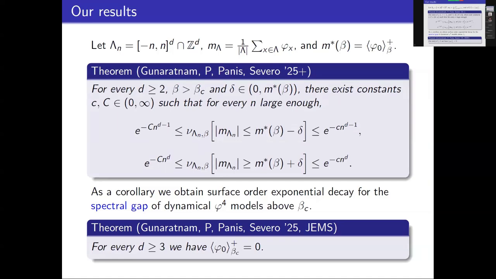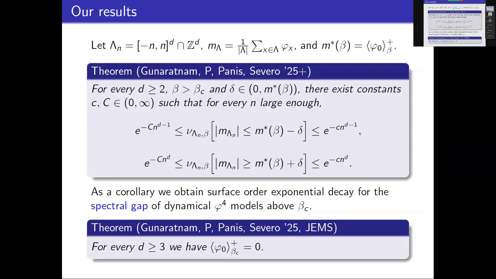Right, so we defined our lambda in this way. Not going into the details, basically if you take any box that is of aspect ratio 1 in every direction, like n by n, and you send n to infinity, you should have a similar behavior.